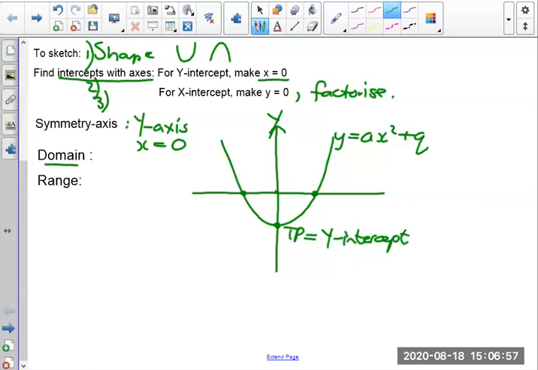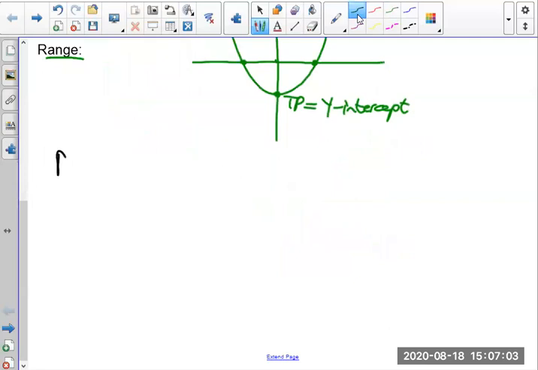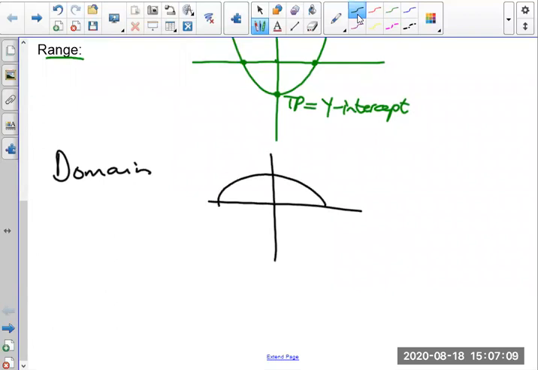Now, if they ask you domain or range, I want to explain domain and range in an easy way because sometimes I know that you struggle with that. So say I give you an oval with x-intercepts -4 and 4, and y-intercepts -1 and 1.